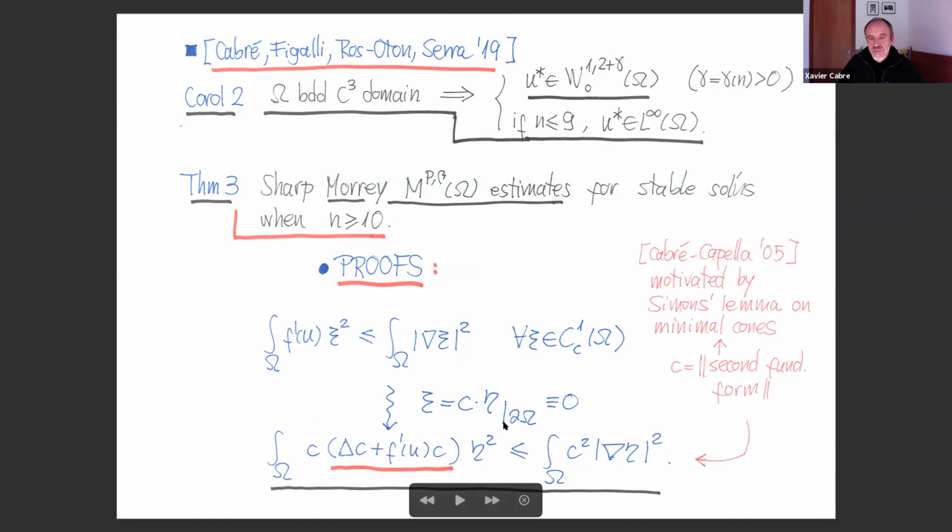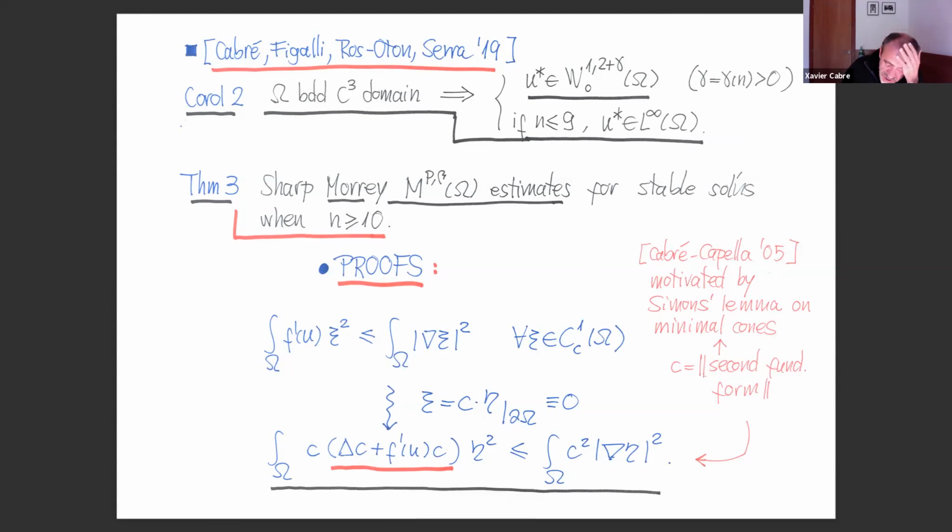So this method in the reaction term, it was first used, say, well, I used it in this context with Cabré, motivated by the Simons lemma on minimal surfaces theory, on minimal cones.